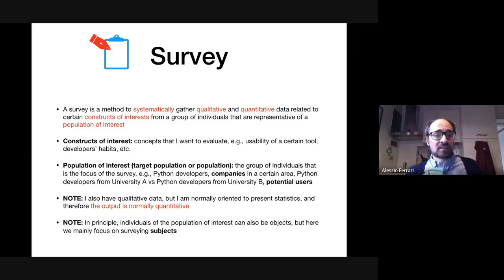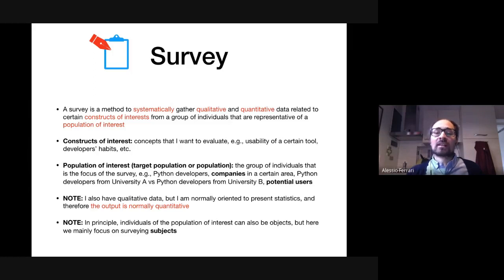The population of interest, which is the target population, these are just synonyms, is the group of individuals that is the focus of the survey. And it can be made of the Python developers, for example, or all the companies in a certain area, or Python developers from a certain university against the Python developers from another university. So you can imagine that you are submitting the questionnaire to these different types of population of interest, or all the group of potential users.